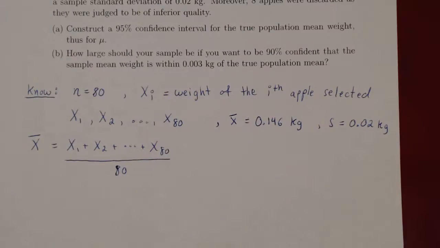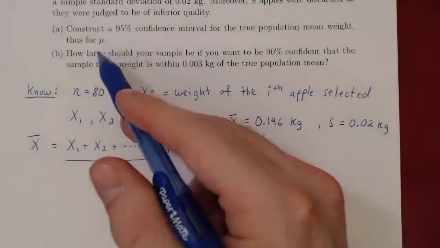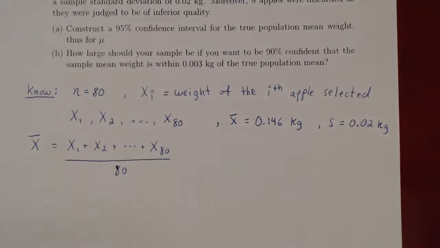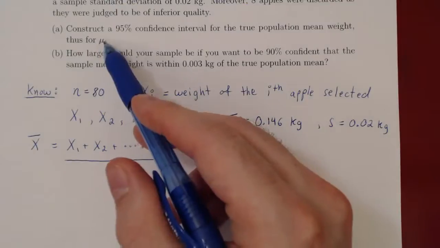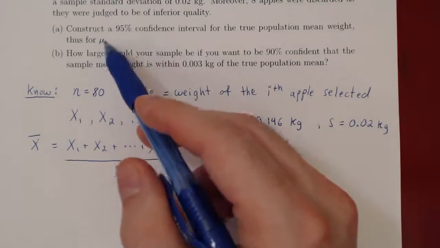And again, it's impossible to find mu exactly, because if you think of it, if the factory never goes under, well, they'll make their products for, in theory, forever. And so we have an infinite population of apples. So it's impossible to find the exact value of the mean.